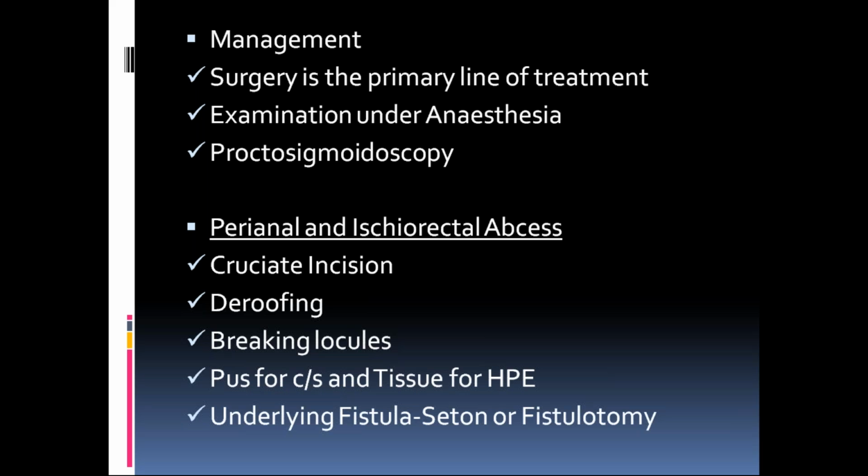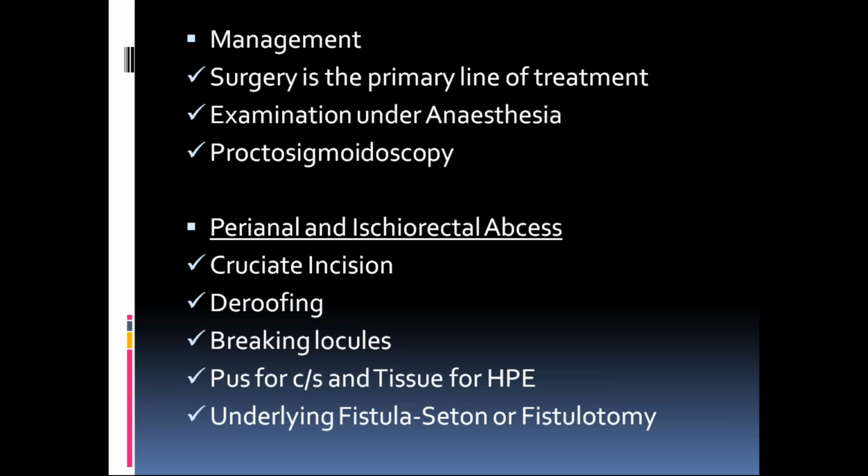If you break all the septa, the pus will come out as a whole without leaving anything behind. At what step do you have to stop? Till fresh bleeding has appeared. When you break the locules, pus will come, and after that you will have fresh bleeding.